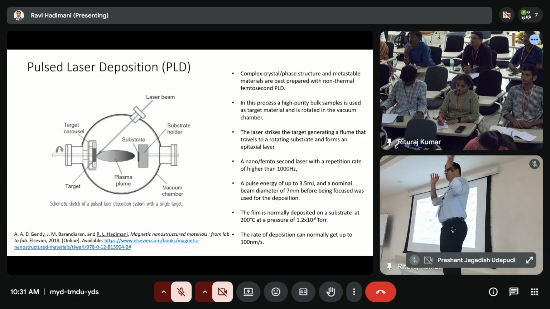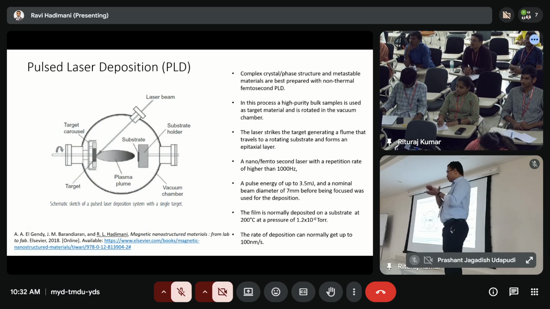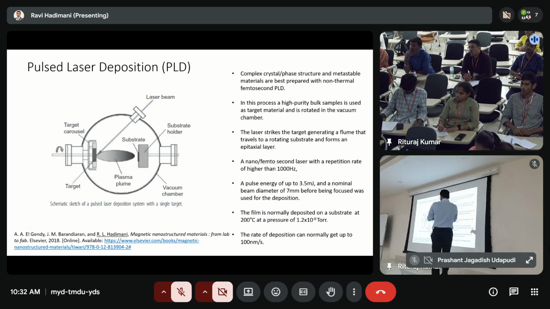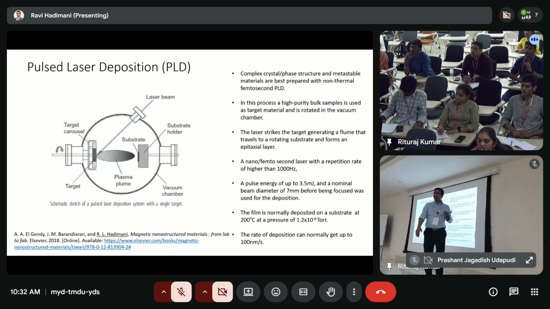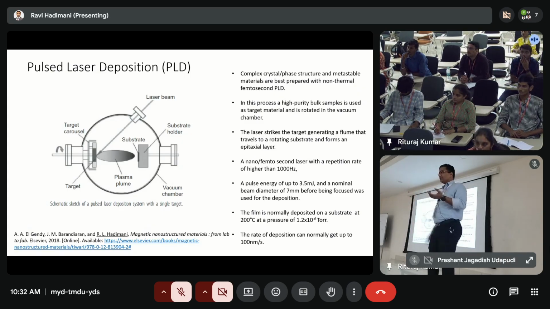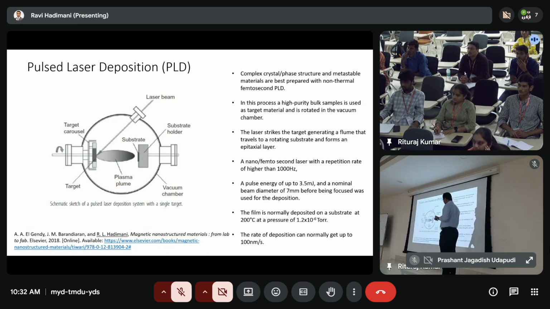They call it by several names. Which means there is no temperature change, so it's done at a lower temperature. You are basically using charge to ablate, or knock off, the atoms.